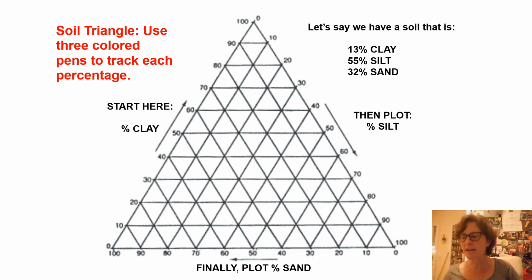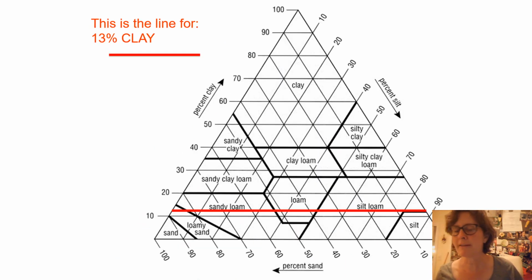Okay, so if you're here in the slideshow, you should have finished step D in your lab where you've calculated the percent of each category, sand, silt, and clay, that your soil is made up of. Now you're ready to use this triangle graph. So let's say you determined that you have 13% clay.